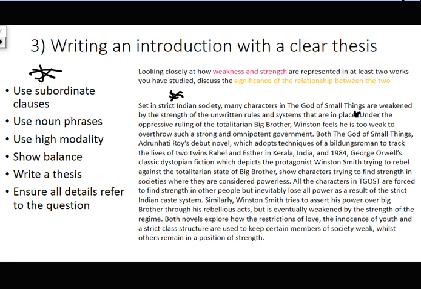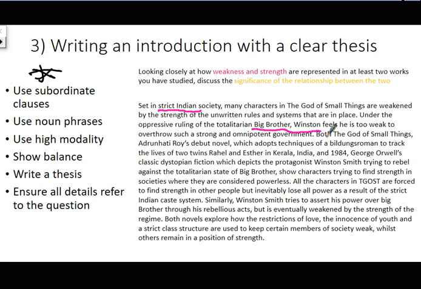So subordinate clauses are really good. Noun phrases as well, we go through that in the Criteria A video. I do these in pink, I like pink. Just trying to fit as many nouns in as possible to make sure you're showing your knowledge.